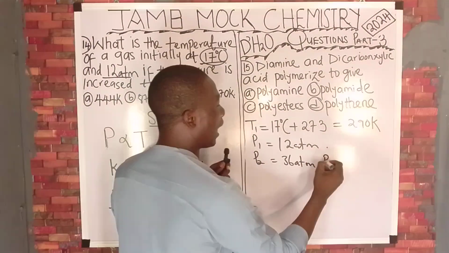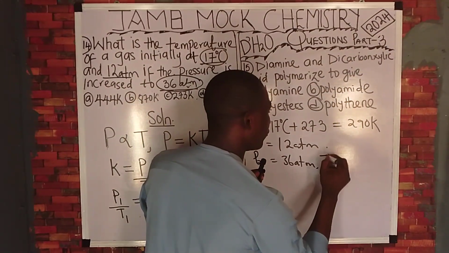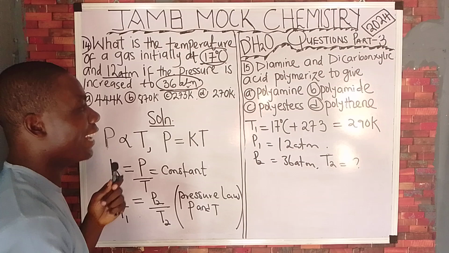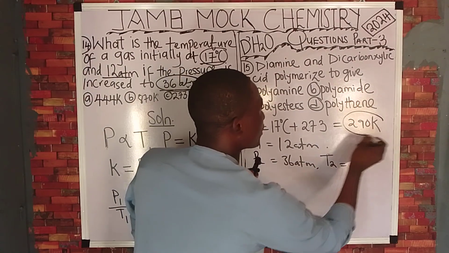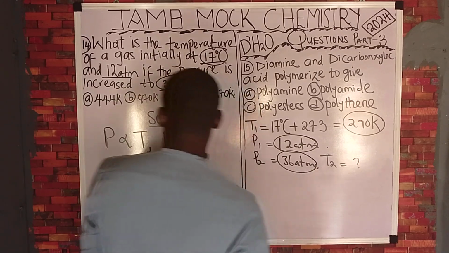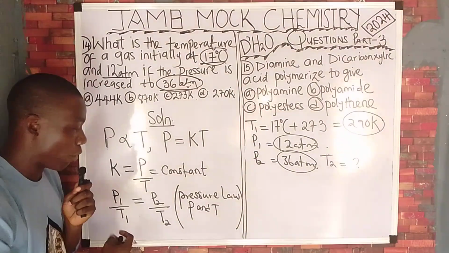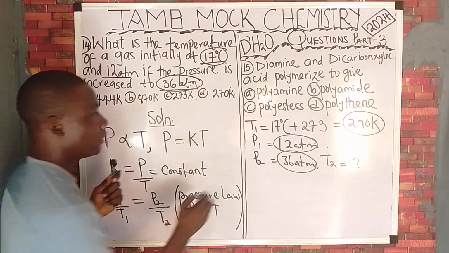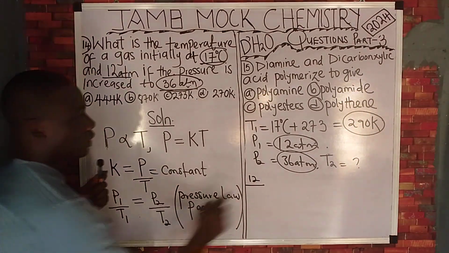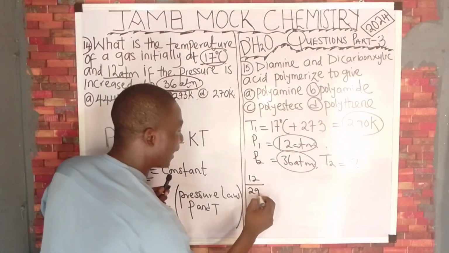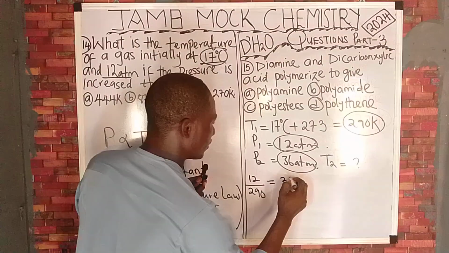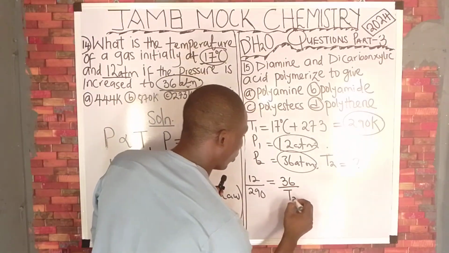So what will be our T2? What will be the final temperature of the gas? That's the question. Let's quickly take our T1, P1, and P2 into this formula so we can get our T2. P1 gives us 12 all over T1, our T1 is 290, equals P2, our P2 is 36, while our T2 is unknown.